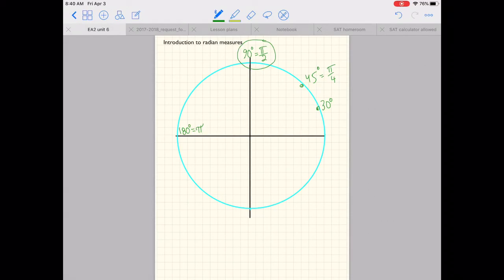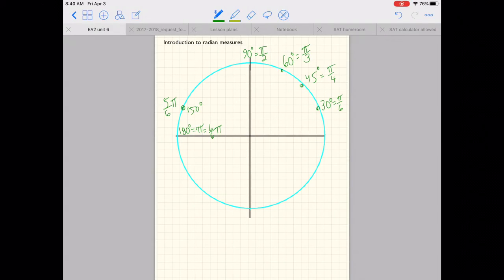And since 30 is 1/3 of 90, 1/3 of a half is a sixth. And 60 is then going to be a third, because if 30 is 1/6, 1/6 plus 1/6 is 2/6, and 2/6 is a third. So keeping those in mind, if I wanted to do 150, I know 150 is 30 away, and 30 away is pi over 6. So I can make this 6/6 and take 1 away, which is 5/6.